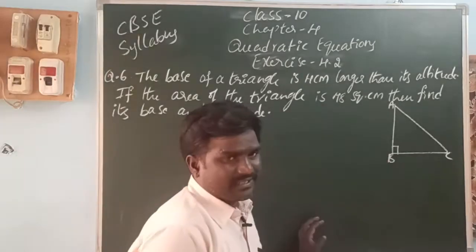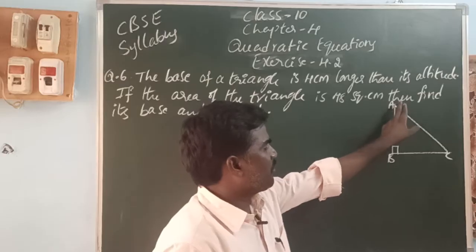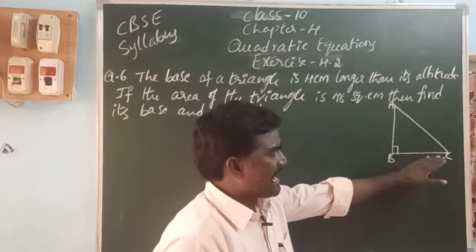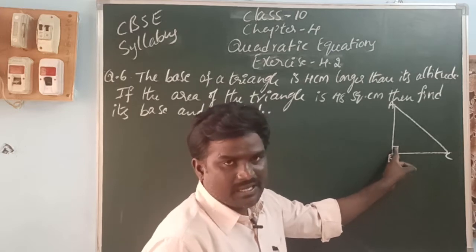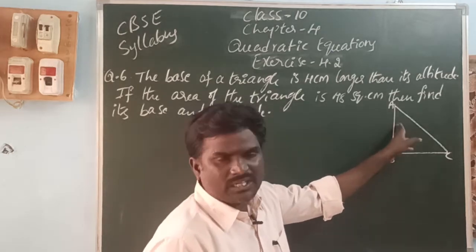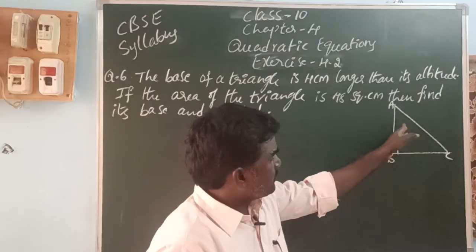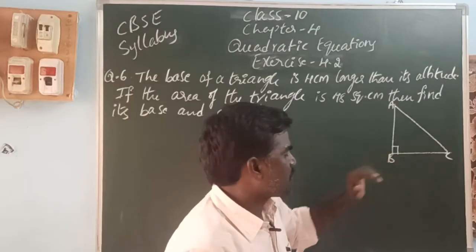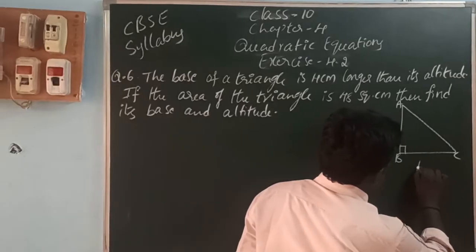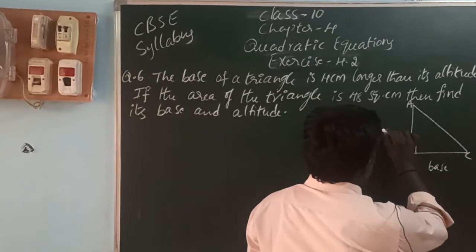Altitude means a line joining from the vertex to the opposite line segment, meeting at one point at an angle of 90 degrees. So the joining line is called the altitude. The opposite line segment is called the base. So here it is the base, it is the altitude.